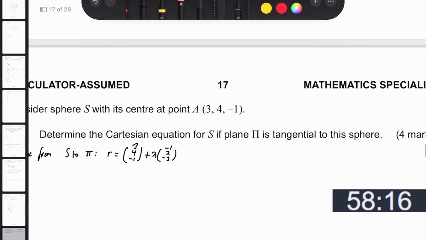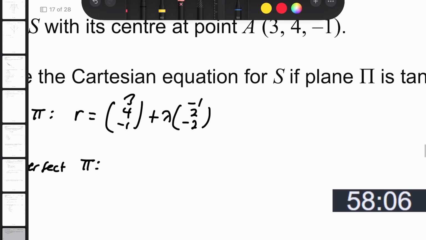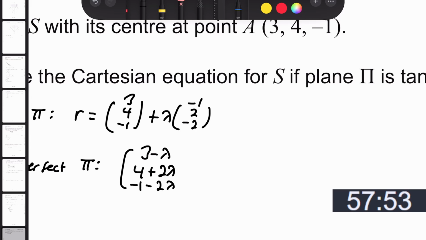Then the plane will intersect at, so then we have 3 minus lambda, 4 plus 2 lambda, negative 1 minus 2 lambda, dot negative 1, 2, negative 2 is going to equal 11.